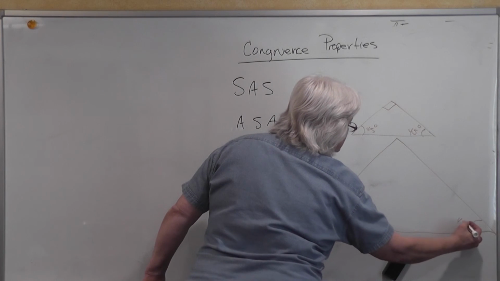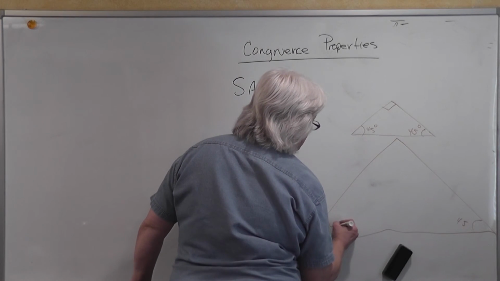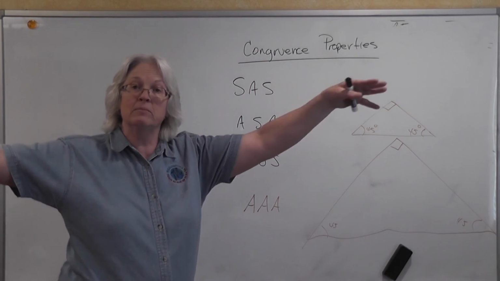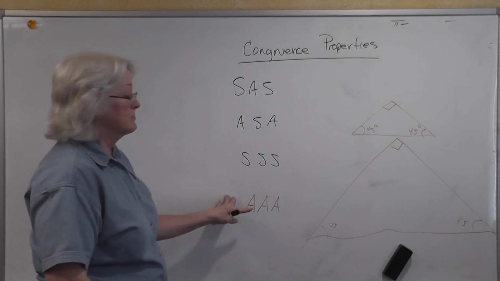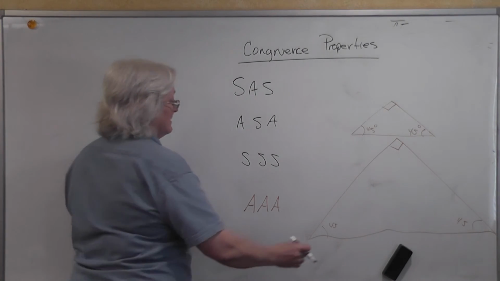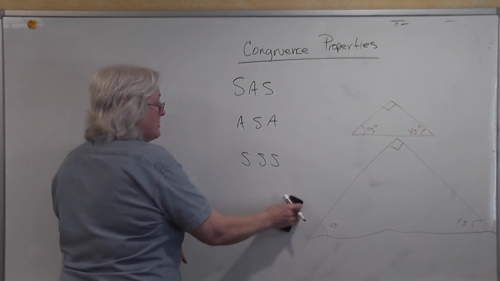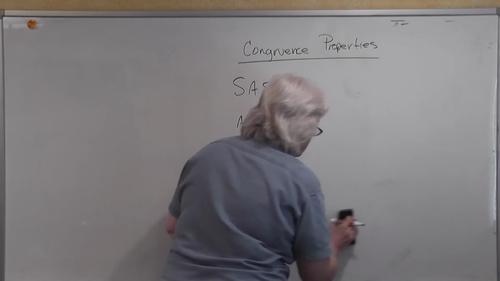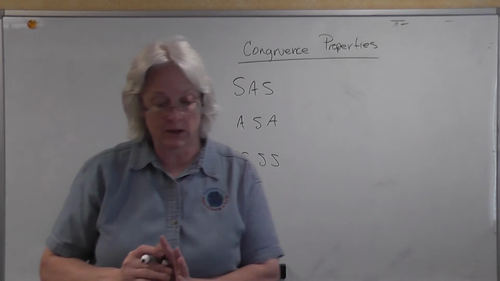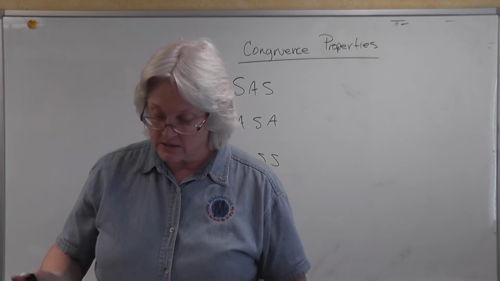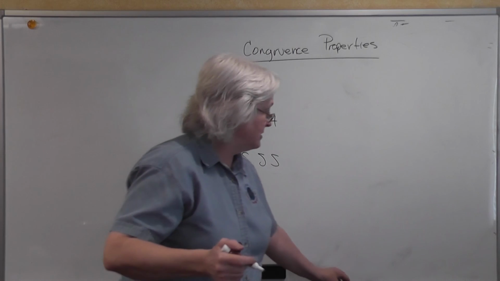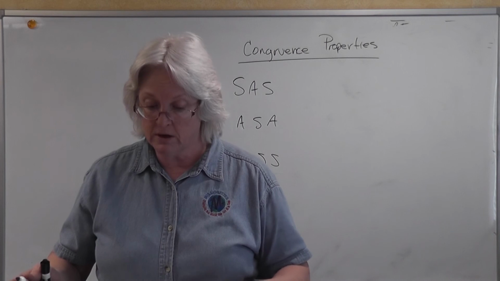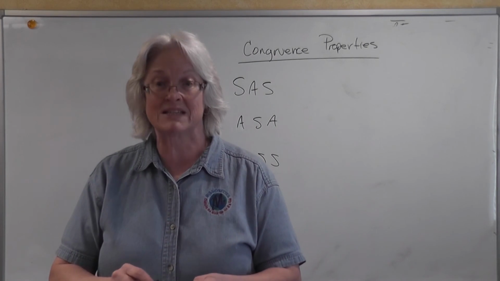The angles are the same, but the sides can be teeny tiny or they can be gigantic. So, angle, angle, angle is not a congruence property. But if you have 3 sides that are the same length, that forces the 3 angles to be the same. So that is the end of section 11 point, whatever it is that I was doing, section 11.7.